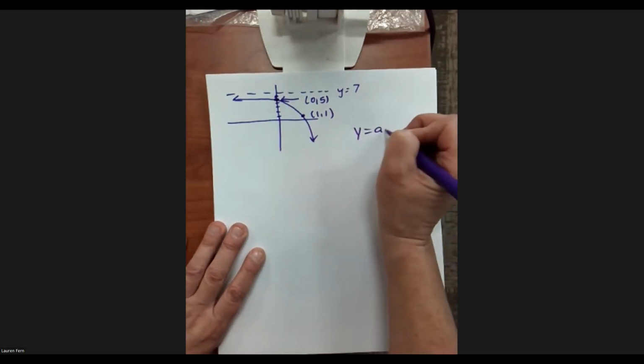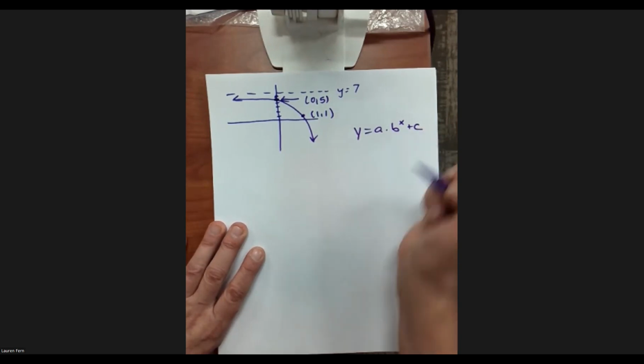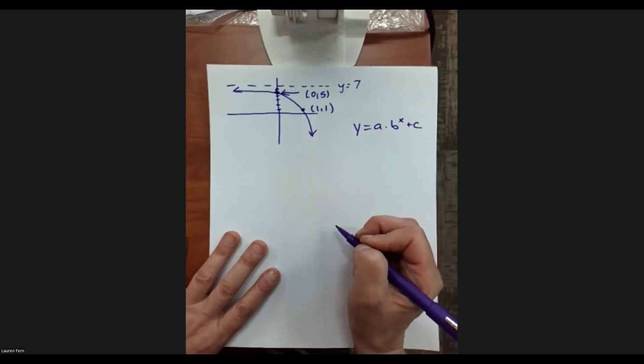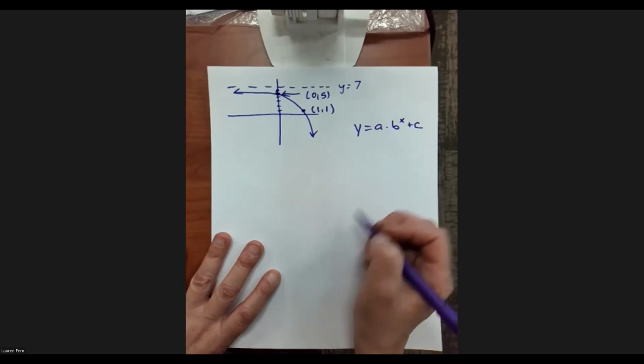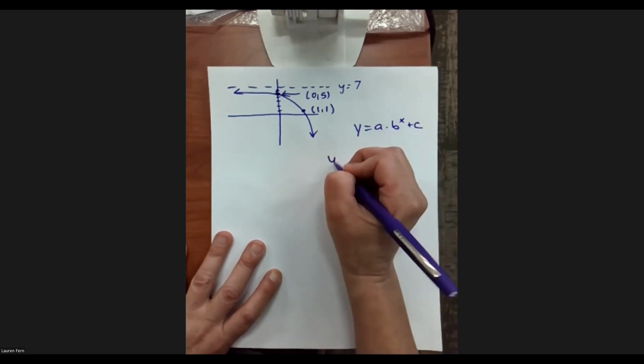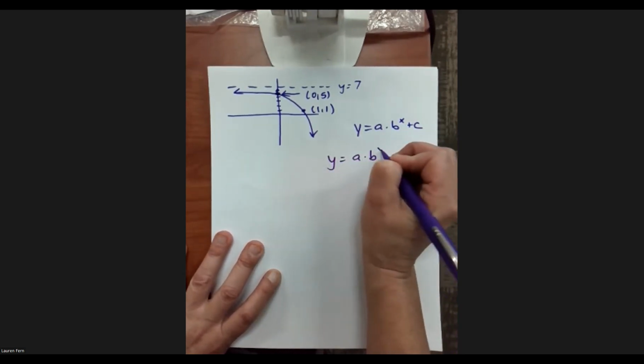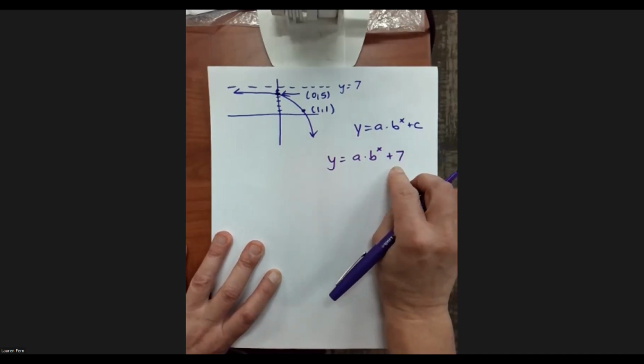What we want to do is write the equation of this exponential function. What do we know right from the get-go? C. What is C? Good job. That's our horizontal asymptote.